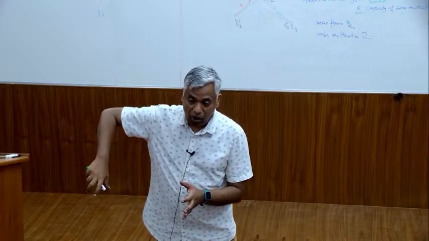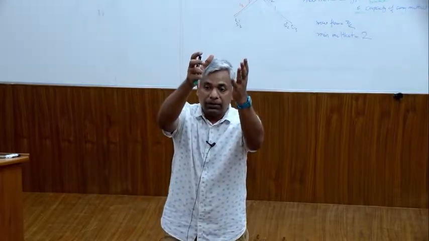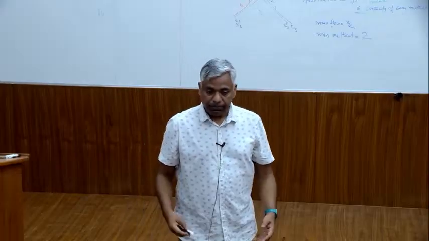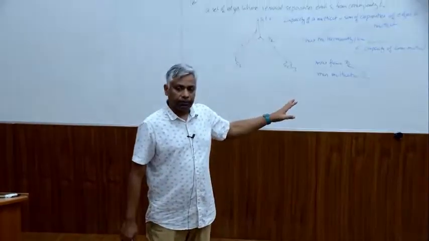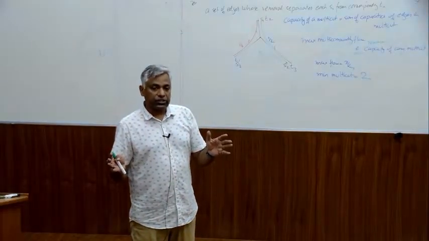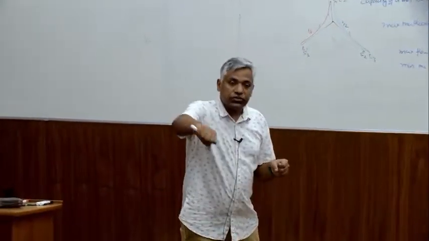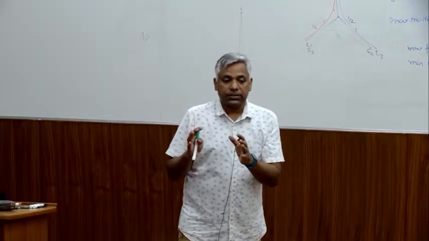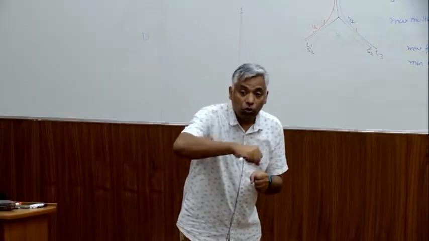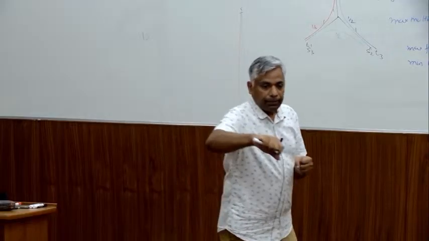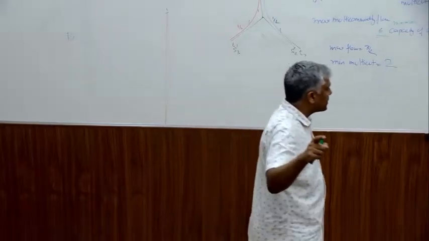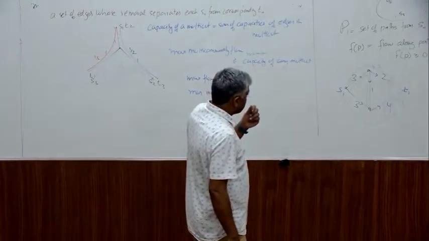So I can talk of how many cars followed this path from IISc to the stadium. This can always be done. Given any flow function on the edges, I can always decompose it into a small number of paths, in fact only m paths, and I can talk of the flow along a path. Basically, it will be the minimum of the flows on any edge in that path. Not necessarily.